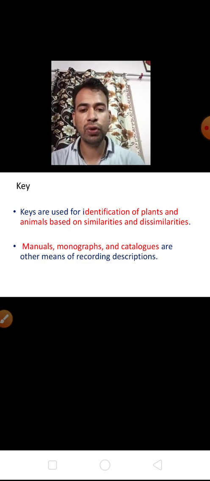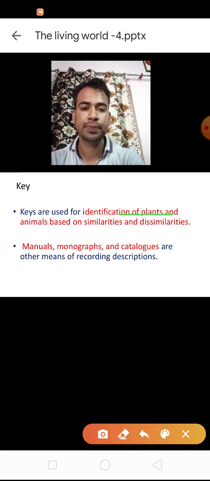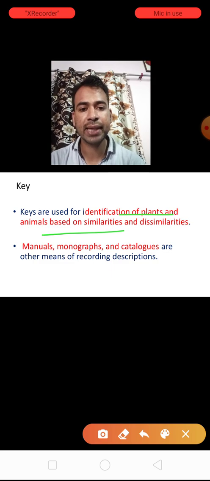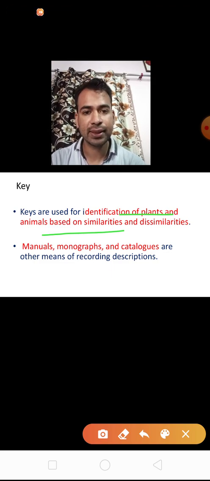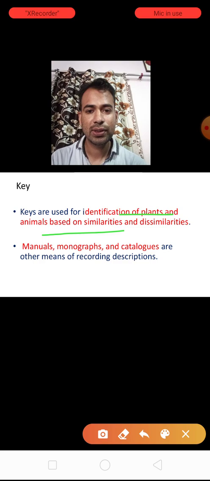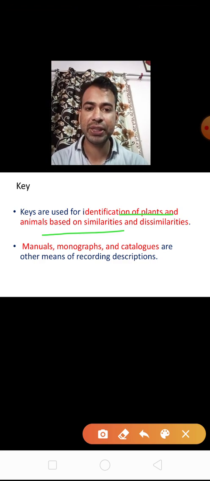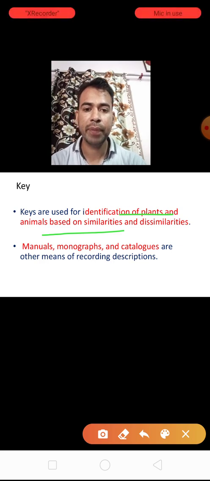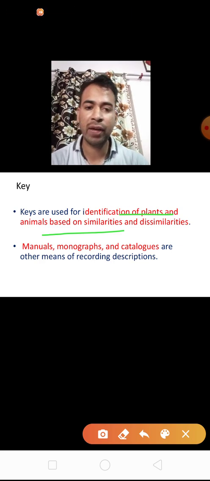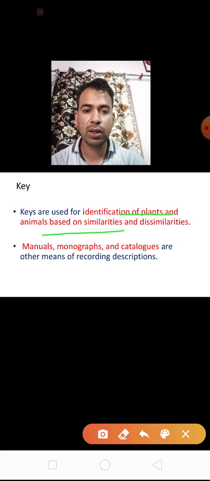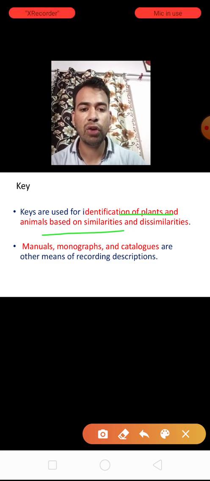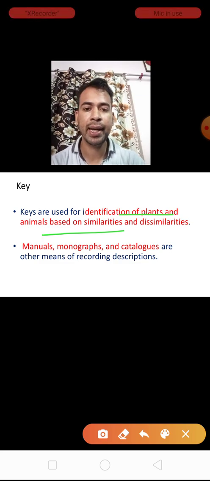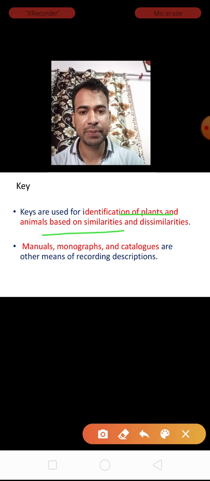Keys are used for identification of plants and animals based on similarities and differences. Along with keys, manuals, monographs, and catalogs are other means of recorded description of plant and animal specimens.